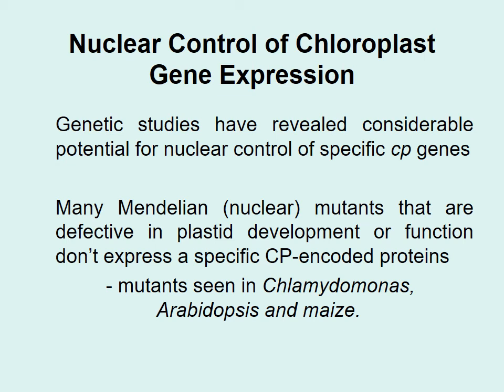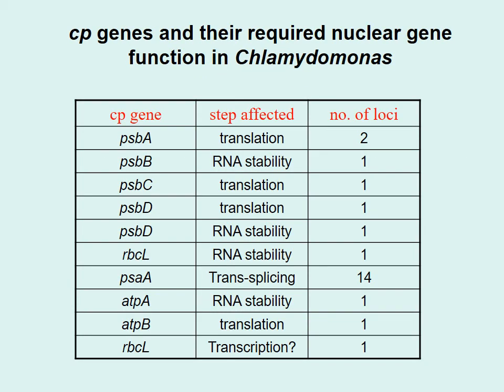Many of the Mendelian or nuclear mutants that are defective in plastid development or function do not express a specific chloroplast-encoded protein. Such mutants have been reported from Chlamydomonas, which is an alga, Arabidopsis, a model plant for the study of many biological processes in plants, and maize, another plant whose genome has been cloned.